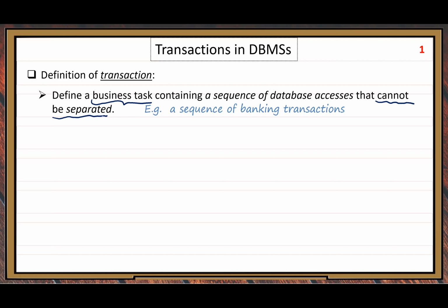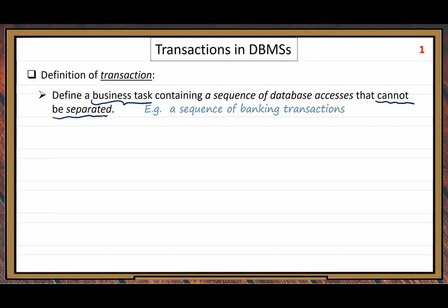Here, I like to explain the necessity of this definition, why we want to have this concept. Why it's important. The reason this concept is created for this kind of transaction is because it is important. Now, here I use an example from a typical sequence of banking transactions.